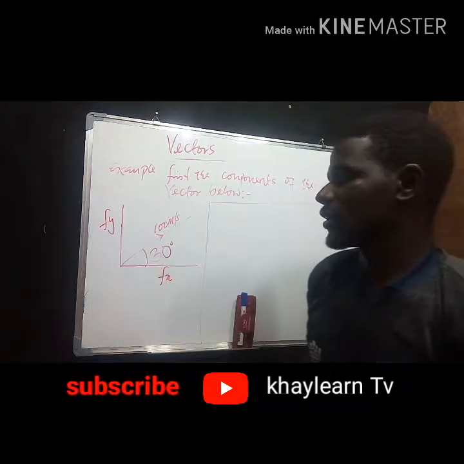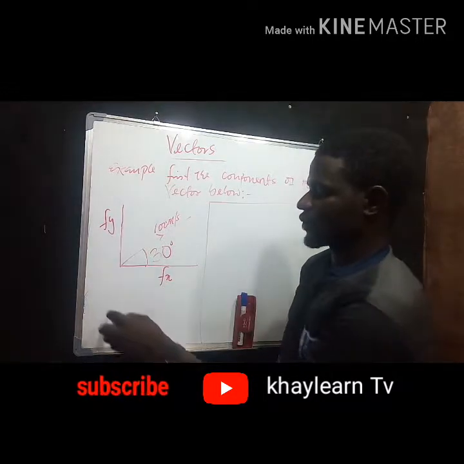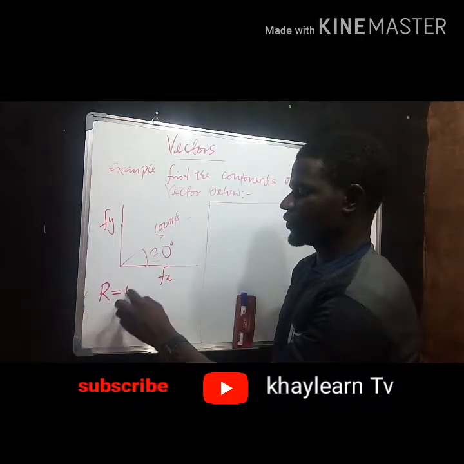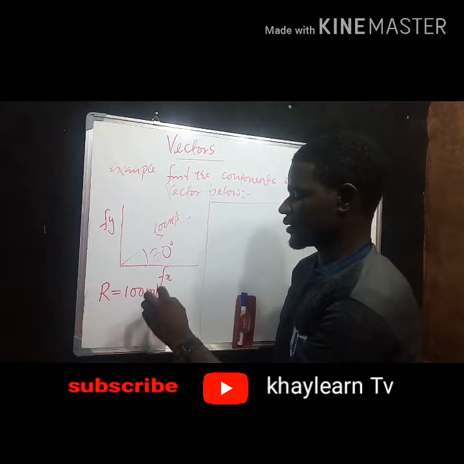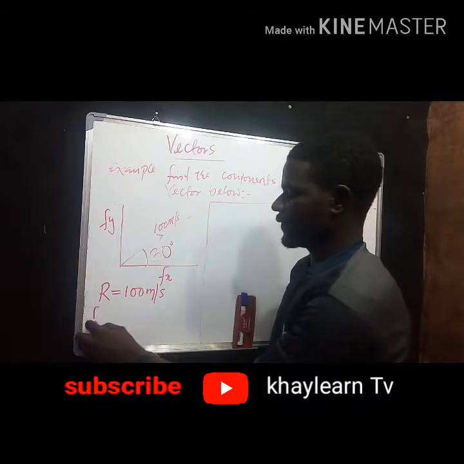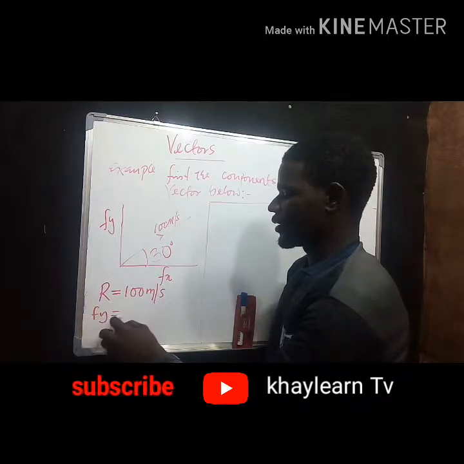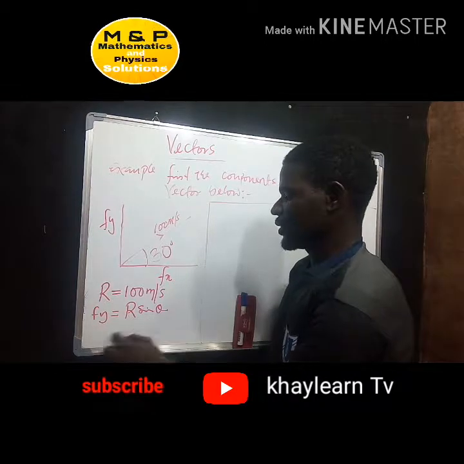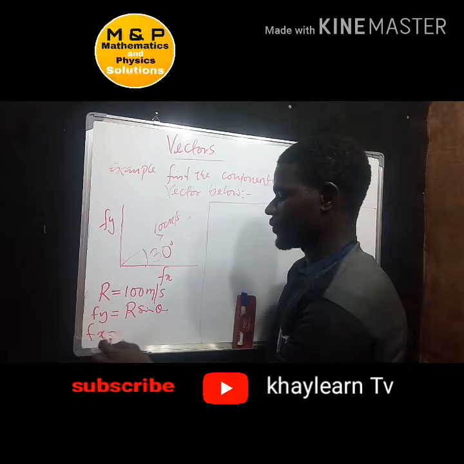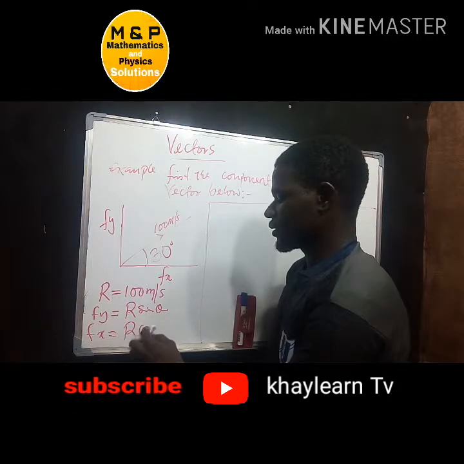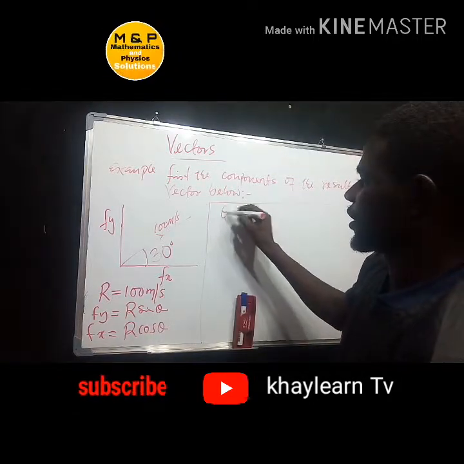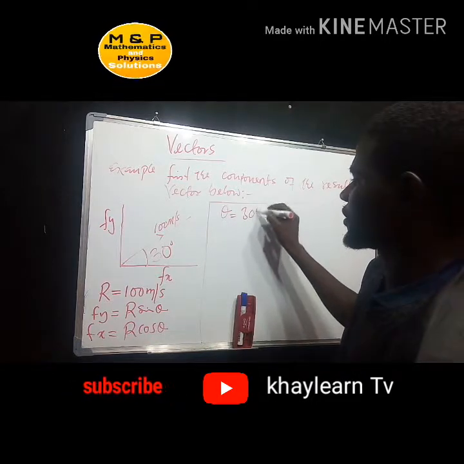In this case, we have to bring out our data. So what we have is our resultant vector, which is 100 meters per second. Our Fy will be R sine theta, while our Fx will be R cos theta, and our theta is given as 30 degrees.